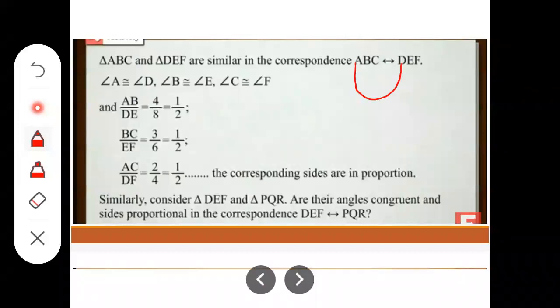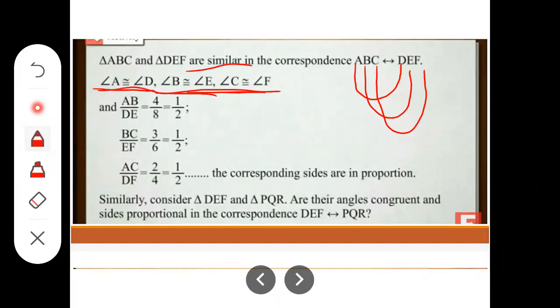So angle A congruent angle D. Second angle, angle B congruent angle E. And last angle with last angle, C congruent angle F. So when the triangles are similar, we can write like this. The corresponding angles are congruent to each other.